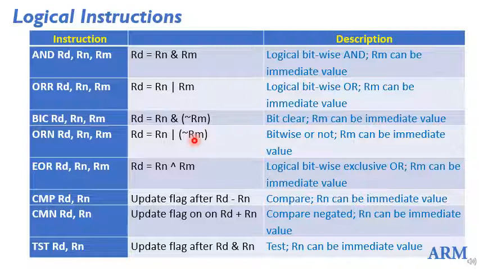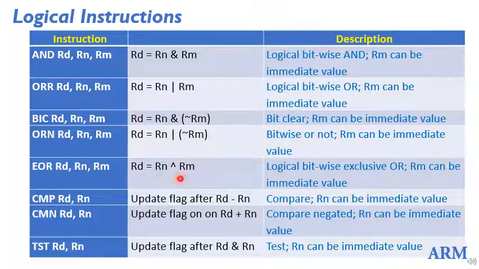The second source operand can be an immediate value as well. The next logical operation is XOR, bitwise exclusive OR, and the mnemonic is EOR. Okay. This simply performs bitwise XOR of Rn and Rm operands and stores the result in Rd.